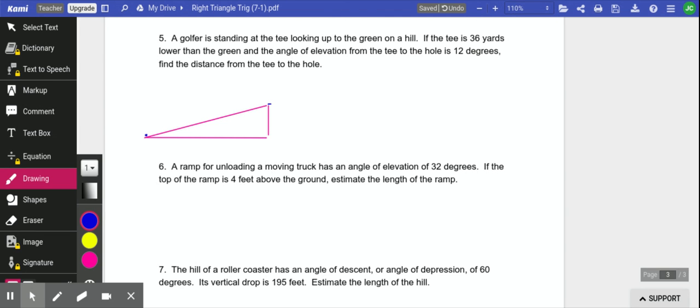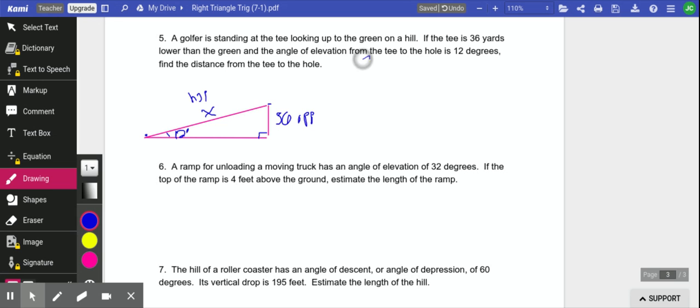The tee is 36 yards lower, so this is 36. The angle of elevation is 12 degrees. Find the distance from the tee to the hole. I think this is the distance they want. All right, so from this 12-degree angle, 36 is the opposite side, and x is the hypotenuse.